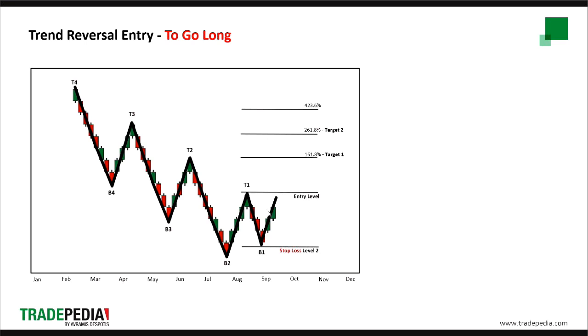Forget about target 3 for now. What I advise you to do is pick these two targets. If you are trading with the direction of the trend, you can aim for the second target. If you are trading a contrarian strategy against the higher time frame, go for target 1, place your stop loss, and this is how you trade.